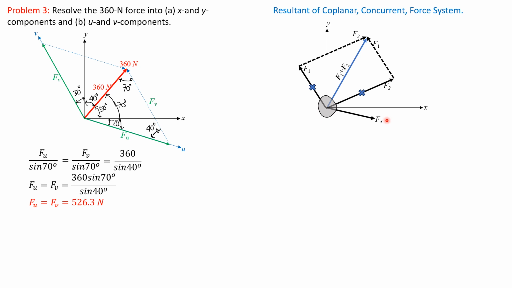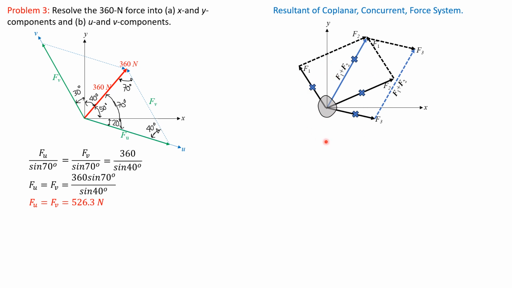By parallelogram law again, we draw lines parallel from the tips of each force to form that parallelogram. From the tip here, parallel to F3, then from the tip here, parallel to F1 plus F2 as shown. Therefore, we remove F3 and F1 plus F2.